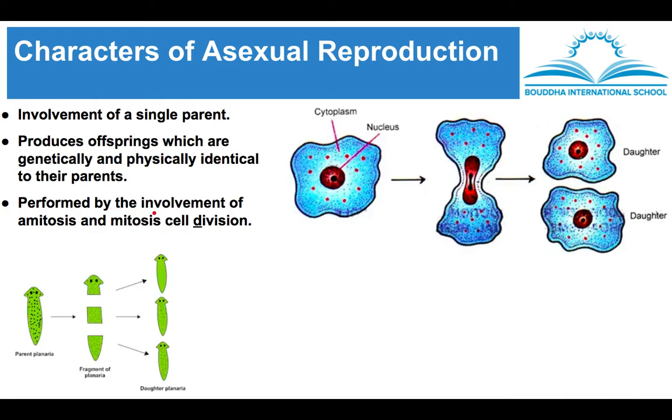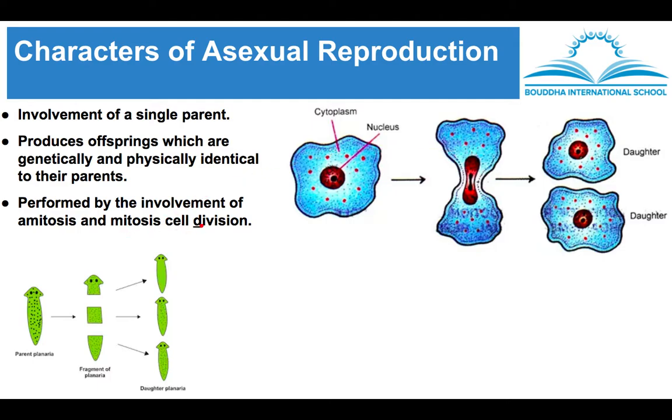And this reproduction takes place by the involvement of amitosis and mitosis cell division. What amitosis and mitosis cell division are, you will be learning in higher classes, but now what I can say is, in amitosis cell division there will be simply division of nucleus and cytoplasm without spindle formation or without any kind of karyokinesis.